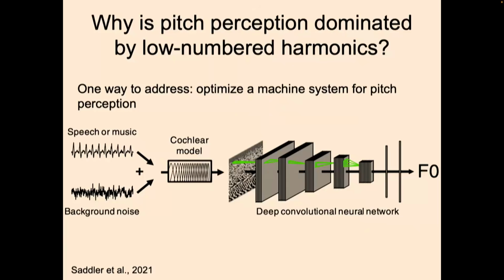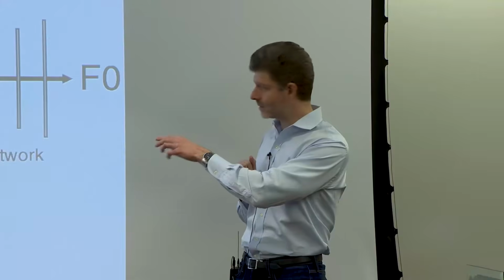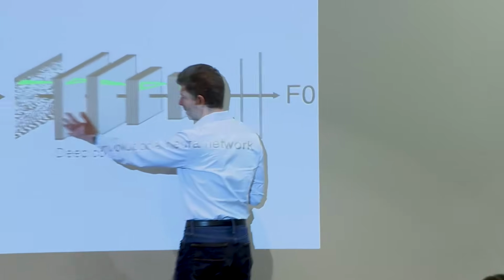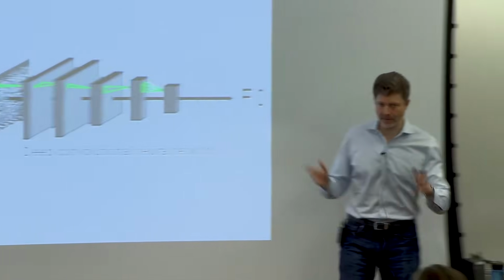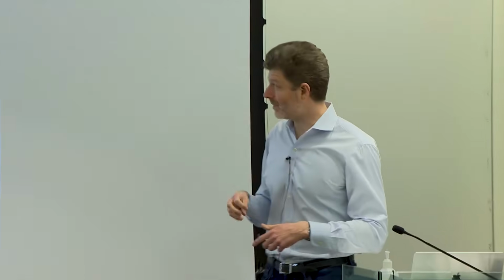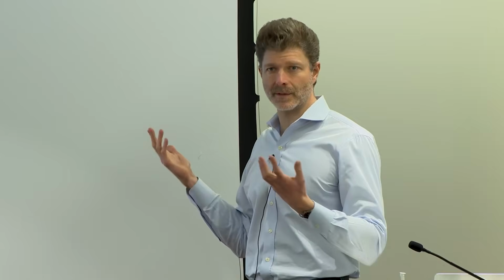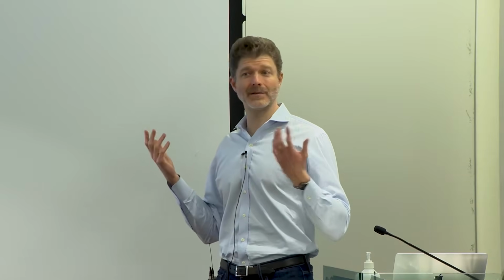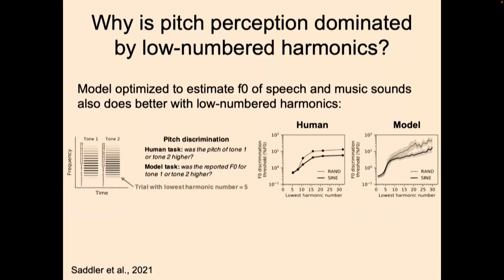And then we can look at whether they do what people do and under what conditions, okay? So this is a model that was optimized to estimate the fundamental frequency of excerpts of speech or music superimposed on noise. So there's a model of the cochlea and then a convolutional neural network. And so the model is trained to do this, and then you can simulate experiments on the model and ask whether the model exhibits the same kind of characteristics that are seen in humans.